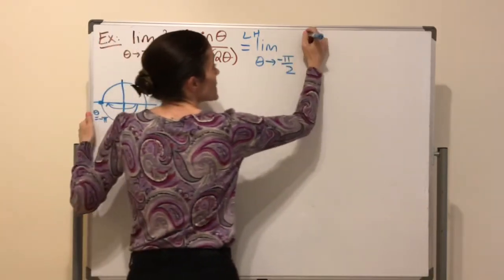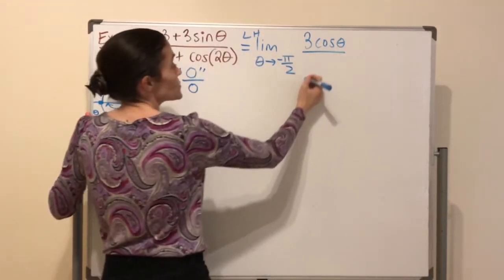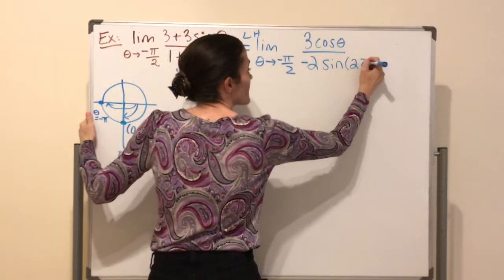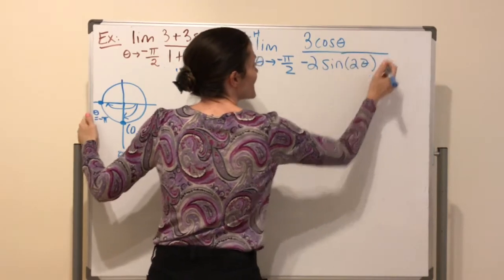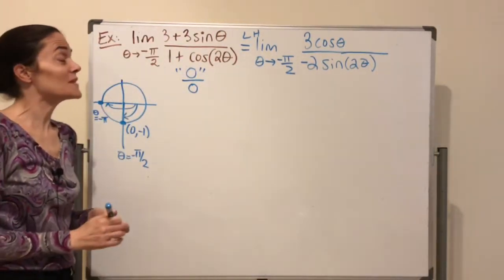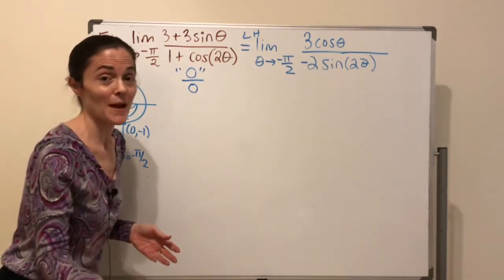Take the derivative on the top and take the derivative on the bottom. Okay, so far so good. Well, if we look at this, what is happening as theta approaches minus pi over 2?